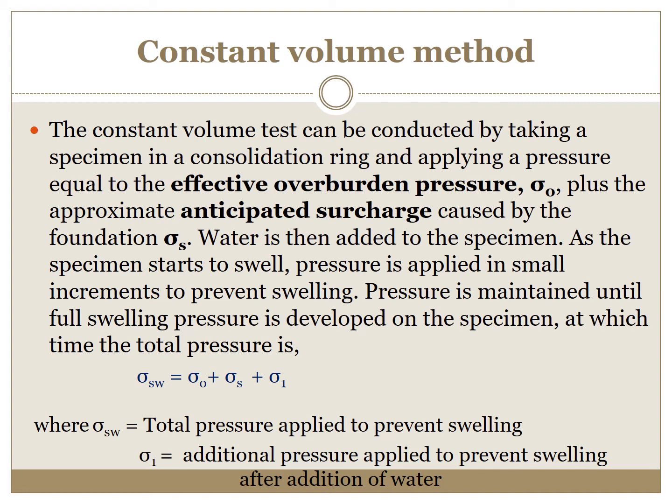After water is added, the specimen starts to swell and then pressure is applied in small increments to prevent swelling. Pressure is maintained until full swelling pressure is developed on the specimen, at which time the total pressure is this, where sigma s is the total pressure applied to prevent swelling, sigma naught is the effective overburden pressure, and sigma 1 is the anticipated surcharge.